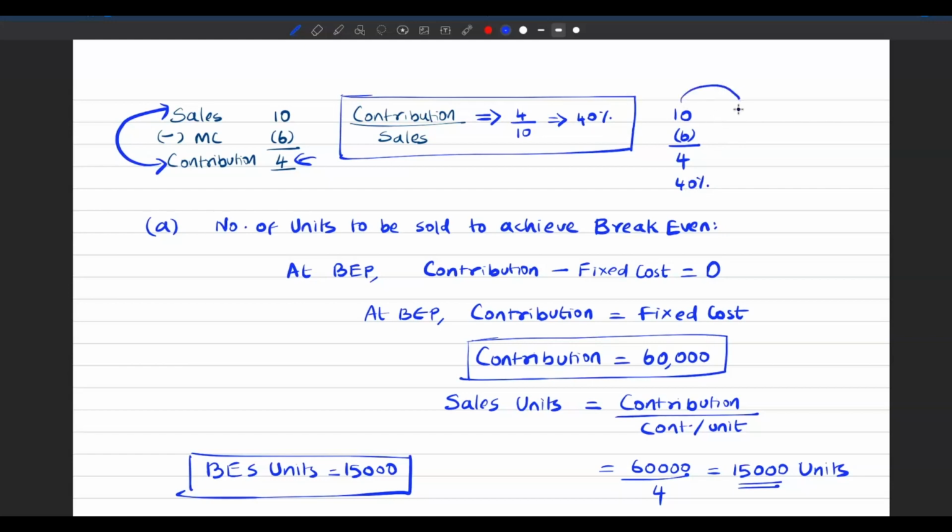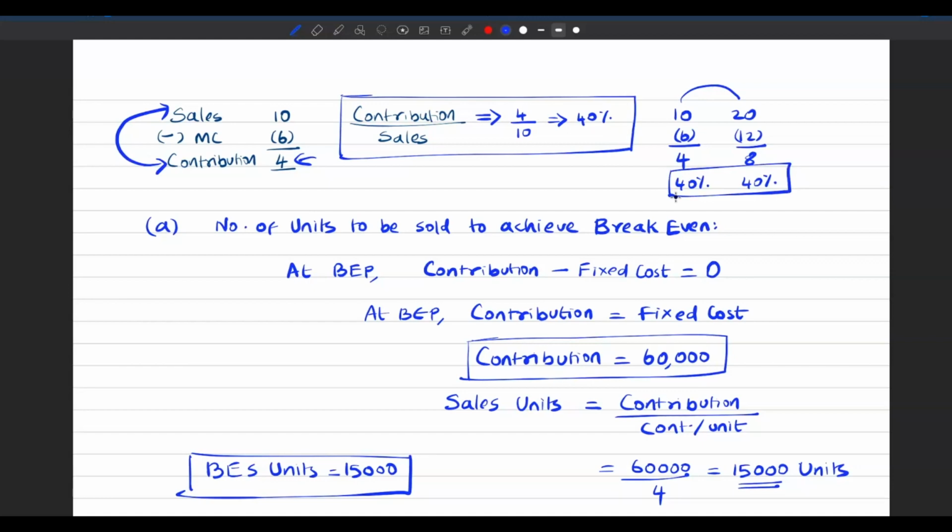If this 10 becomes 20, what will happen to the 6, being a marginal cost? It will become 12. And the contribution? 20 minus 12, it will become 8. So again, if you measure 8 divided by 20, it's going to be the same 40%. That's what I say, contribution and sales move in the same direction.